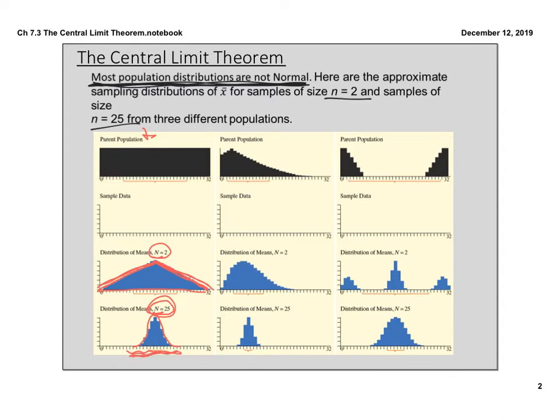Let's look at the second one. In this one, you've got a parent population that is skewed right. Okay, so this was uniform over here. This one is skewed. So with a parent population that's skewed to the right, take a look at what happens. When you take a distribution of sample means where your samples are size 2, take a look at your sampling distribution graph.